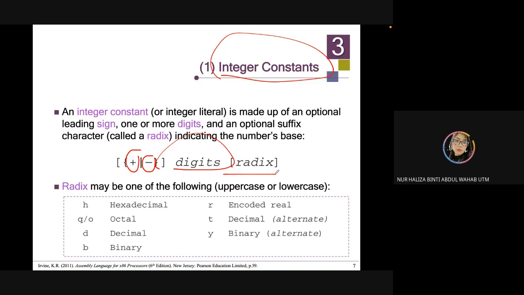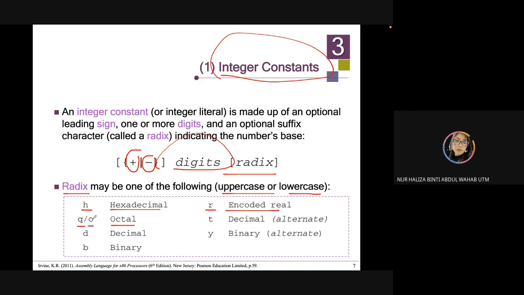You can see the radix listed here, whether uppercase or lowercase. Hexadecimal is represented as H. The radix is put after the digits. Octal can be Q or O, not a zero.